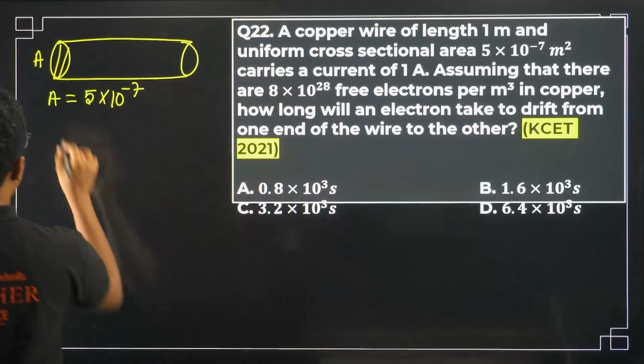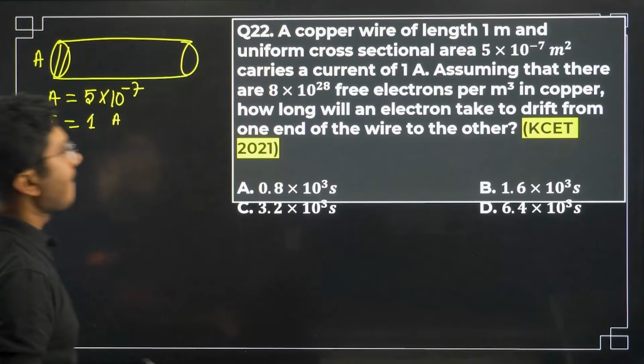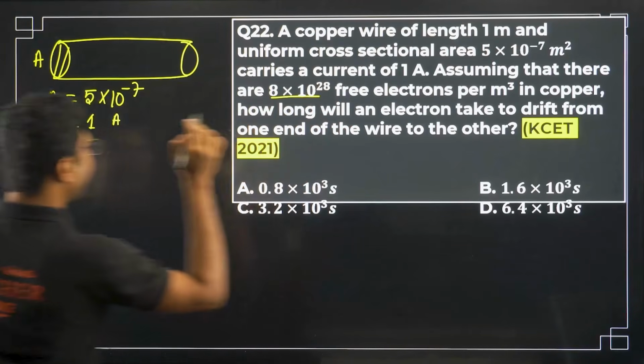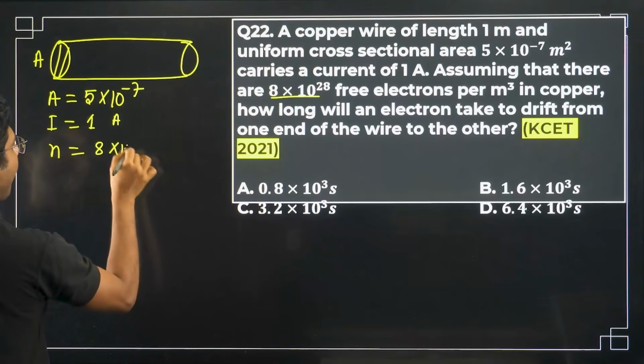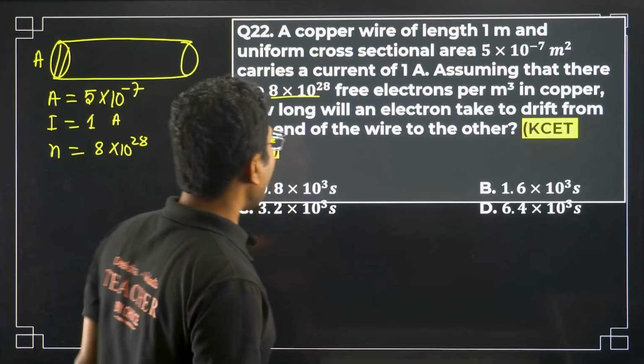Current is given as 1 ampere. There are 8 into 10 to the power 28 free electrons per unit volume. How long will the electron take?